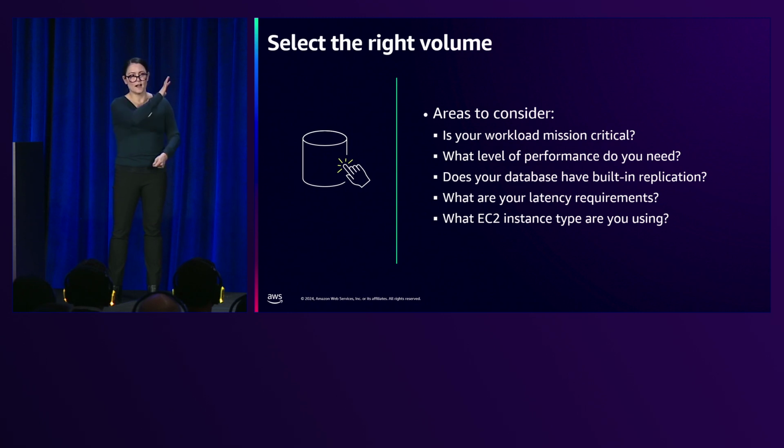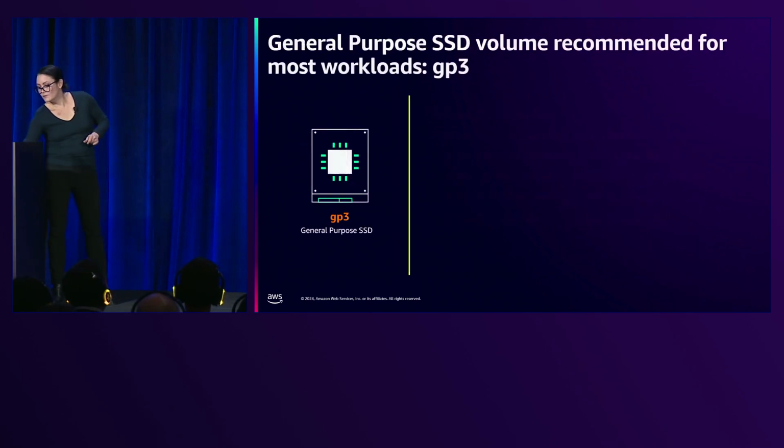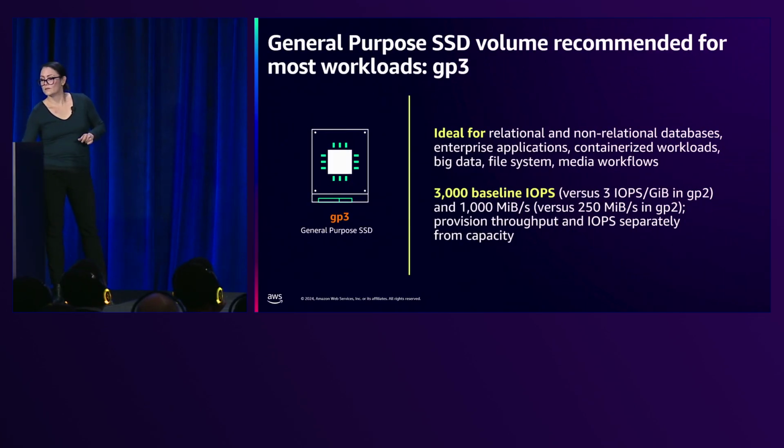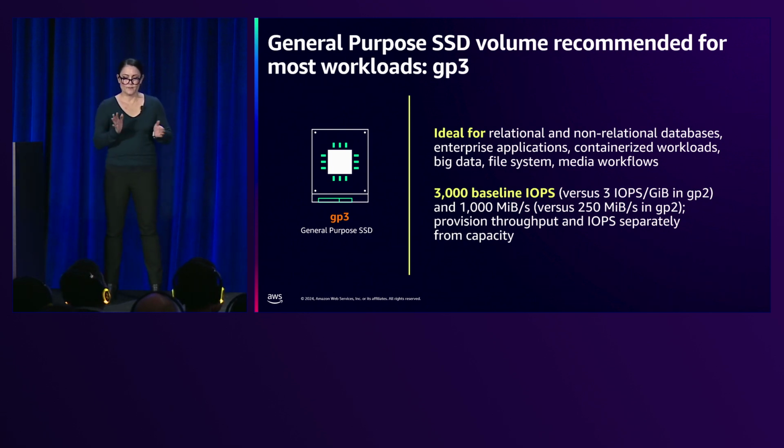Lastly, and this is not an exhaustive list, just a handful of storage-related considerations: what EC2 instance type do you need? Are you happy with one that has bursting performance? Do you need dedicated bandwidth to EBS? And you also have to check your instance-to-EBS maximum IOPS and throughput, as well as what your individual volume or volumes can do. So again, if you don't know, use GP3.